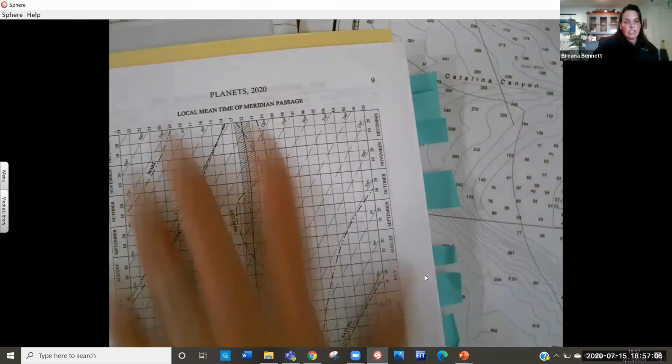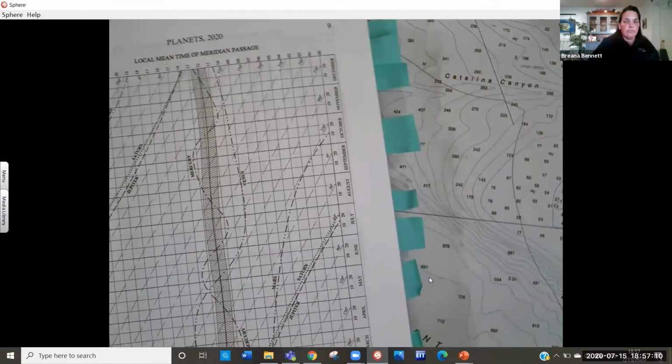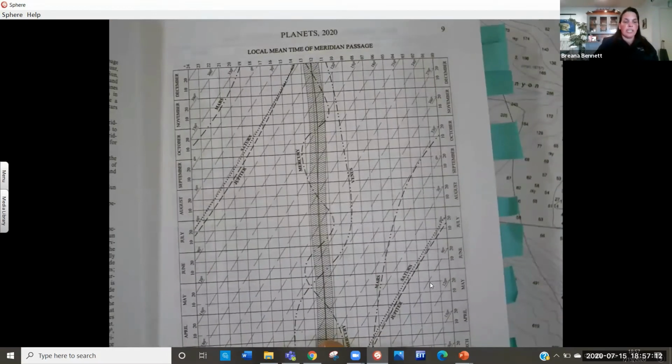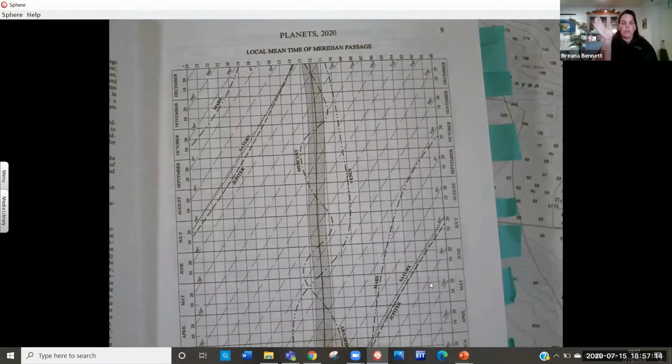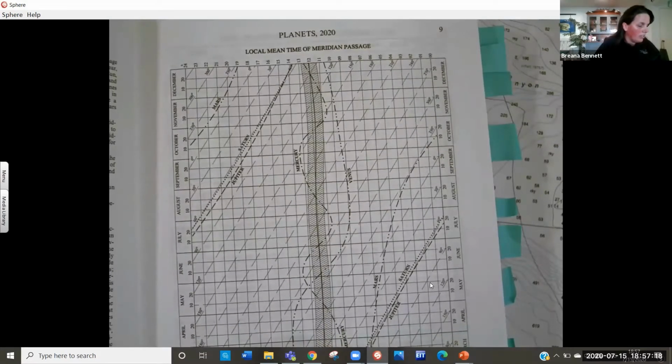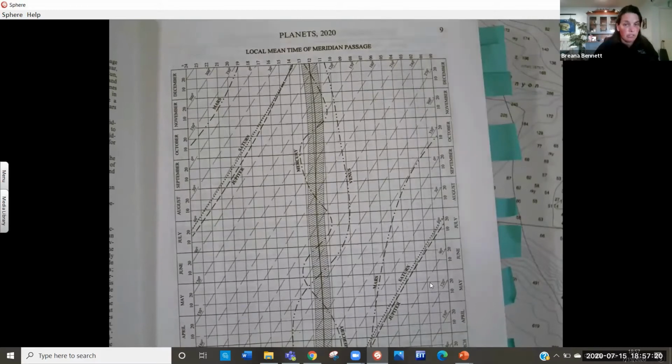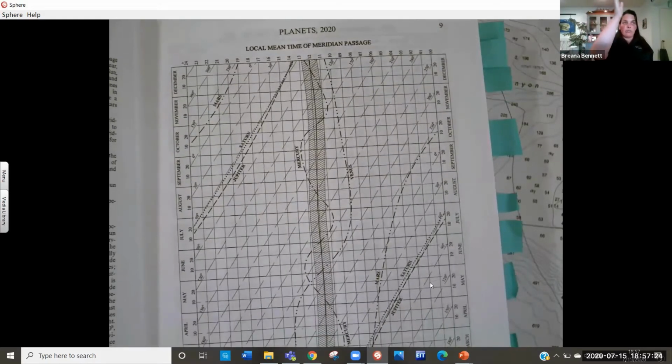Meridian passage of different things. Meridian passage means when something is right above you. So, for example, the sun is all happening around noon. So the sun, meridian passage, when it rises, and then it starts to set. Right at that peak is meridian passage, and that happens about noon.